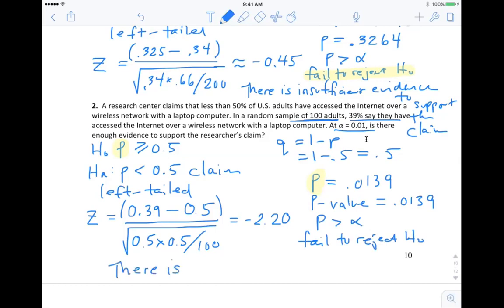We keep getting this. There is insufficient evidence to support the claim. We can't support the claim that less than 50% of the US adults have access to the internet, right? Because we see the sample only 39% have, basically. Okay.